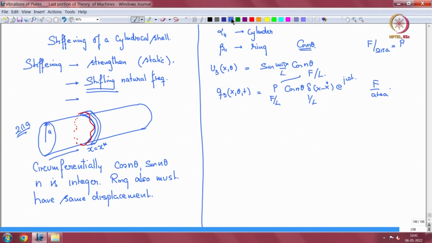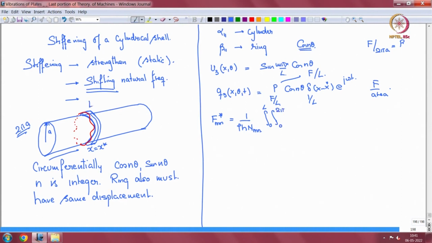So, now what is the Fmn corresponding to this? Fmn star now is equal to 1 over rho h Nmn, integral 0 to a, integral 0 to L, integral 0 to twice pi.